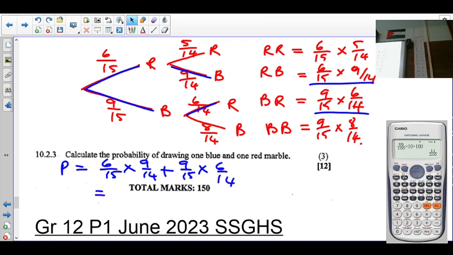That's going to give you 18 over 35 or 0.514. Okay, so that basically brings us to the end of paper 1.